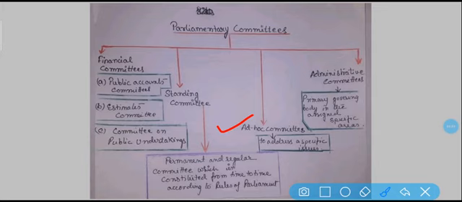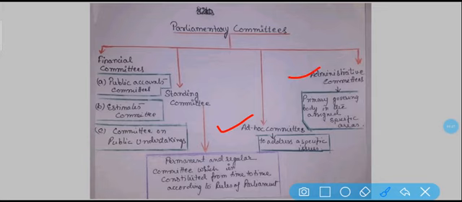So an ad hoc committee solves the issues of the border problem and the health problem, which are very necessary at this time. Okay, so an ad hoc committee means a committee which solves a specified issue that is going on in that particular situation.